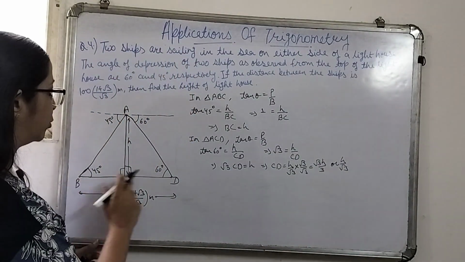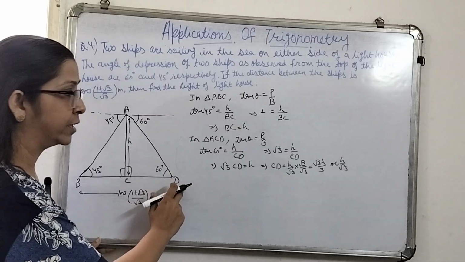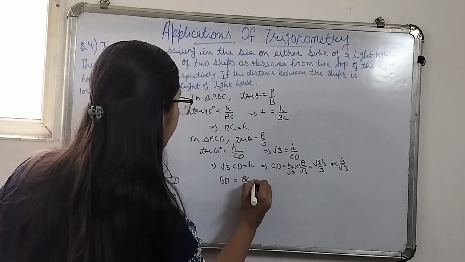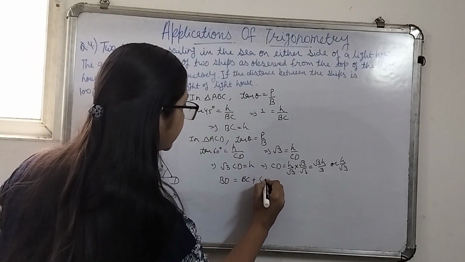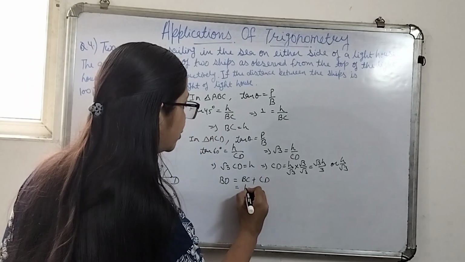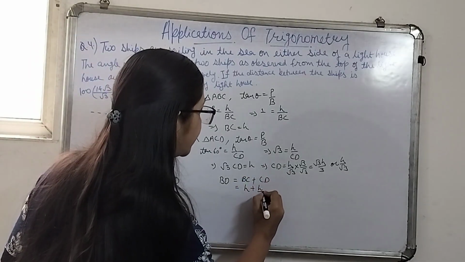Now see, we know that BD is BC plus CD. So BD could be written as BC plus CD. BC from here is equivalent to h, and CD from here could be taken as h upon root 3.